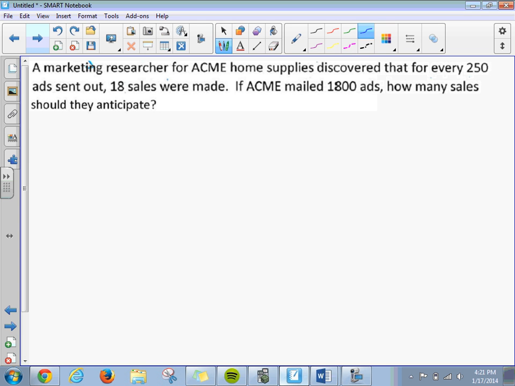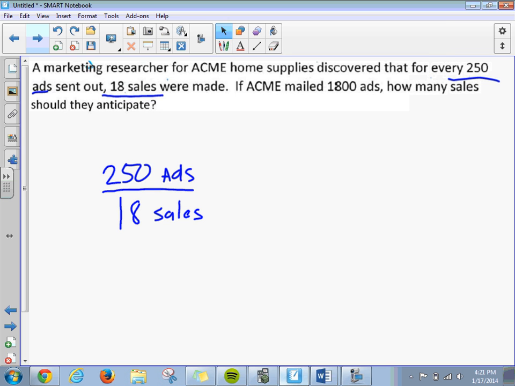So we know that for every 250 ads, we are going to see 18 sales. And so I'm going to think about setting this up as a proportion. If we can sell 250 ads, what happens if we have 1,800 ads?